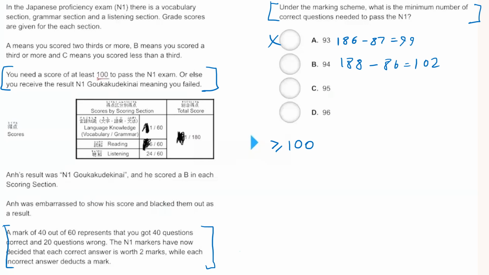But let's see the other ones. It's 105 for this, for that one it's 105, and this one it's 108. You get it? So what's the minimum number? It says minimum, so for the minimum one, it's this one. That's the answer.